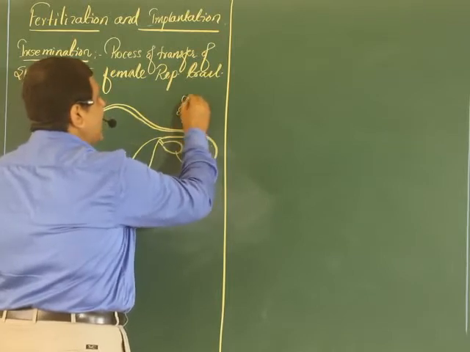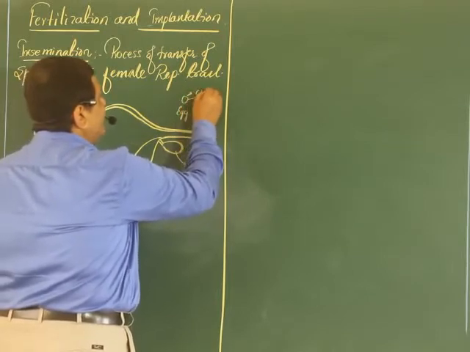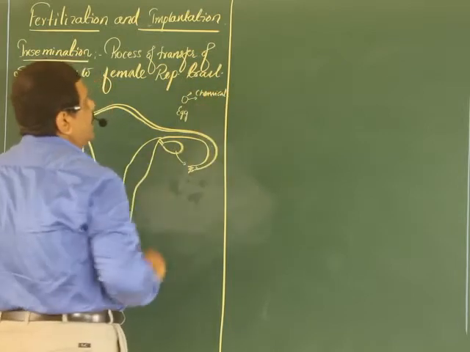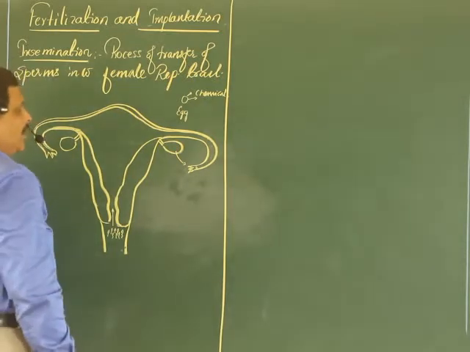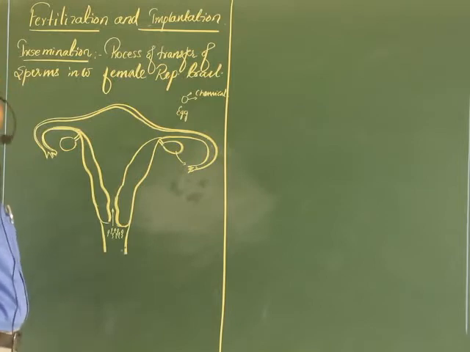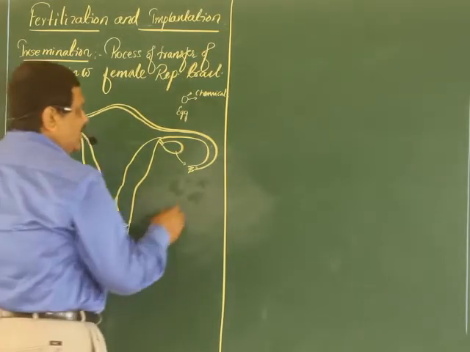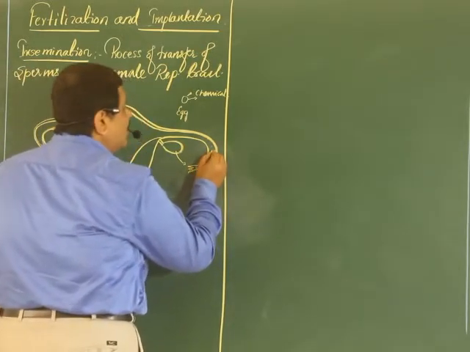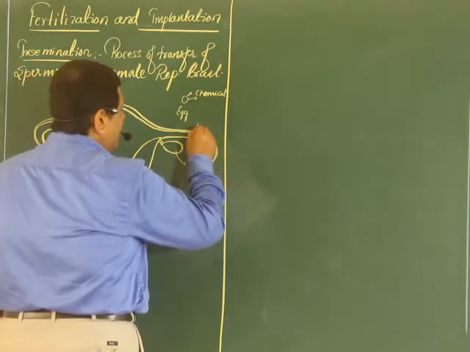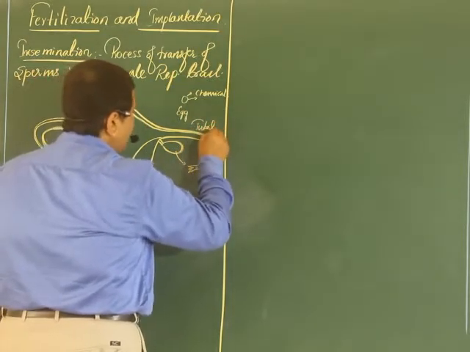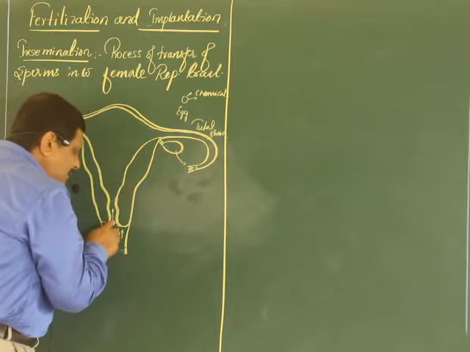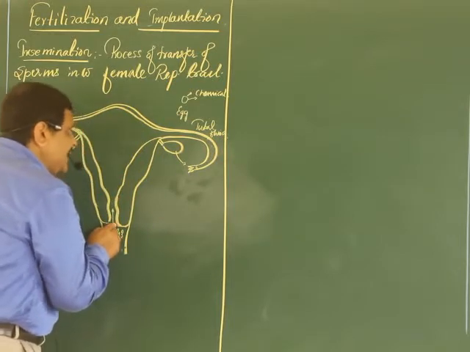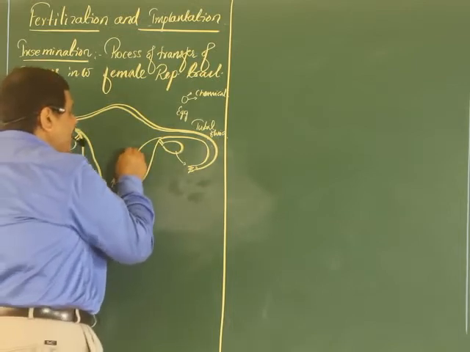Fertilizin and anti-fertilizin are the chemicals which attract each other, and they move along with the tubal fluid towards the cervical canal and vagina, so that the sperms are attracted and move in that direction.